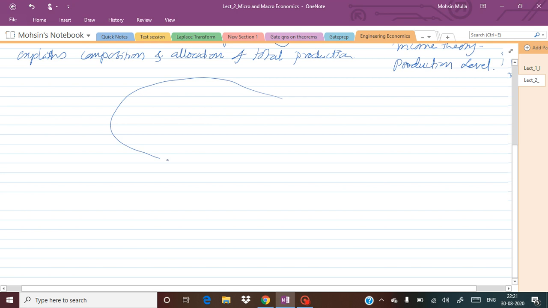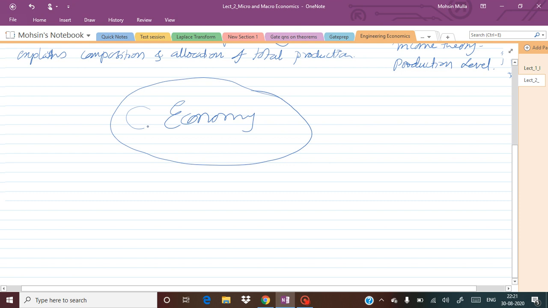Suppose there is a total economy here. Then in this economy there are small different parts, and this is the microeconomy.